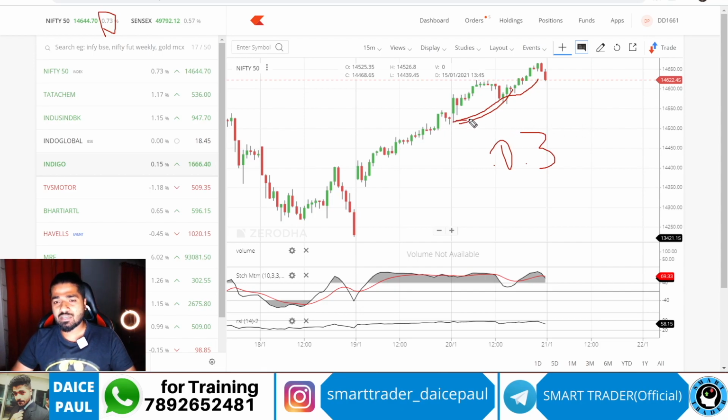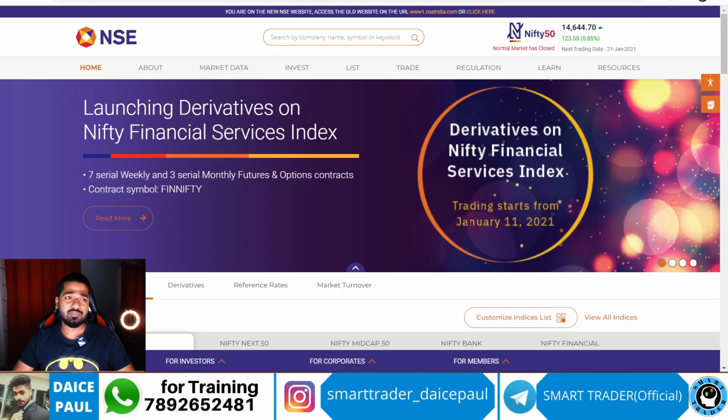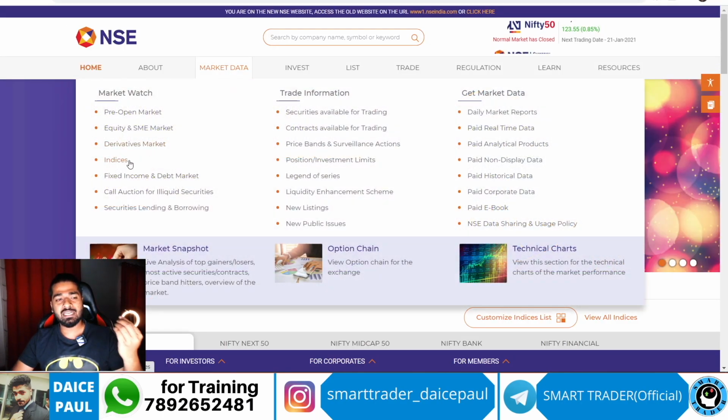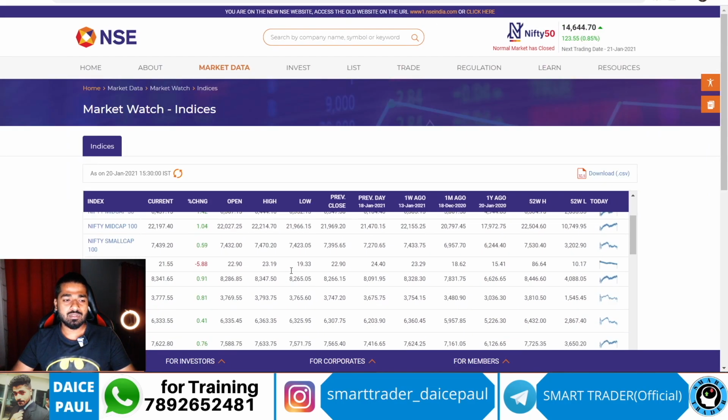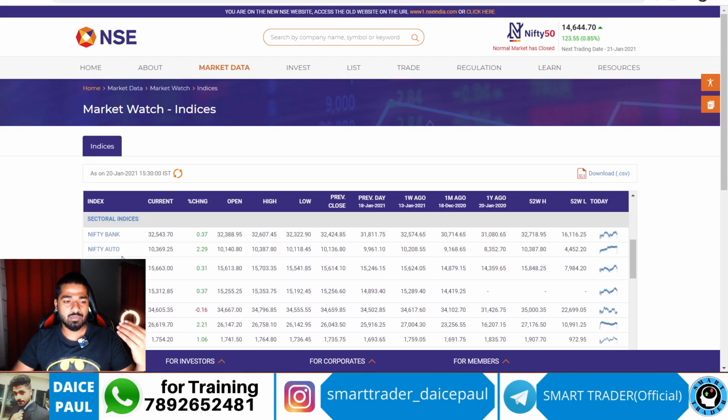Same way, is it going sideways, or is it in negative, or is it continuously going negative? That is how I can increase my target or decide my direction. Or else, if you do not want to directly follow your Nifty 50, then you can go stock specific in NSEindia.com under indices. Over here you have a lot of indices. Maybe your stock is part of bank or auto. Let's say it is auto, some Tata Motors.